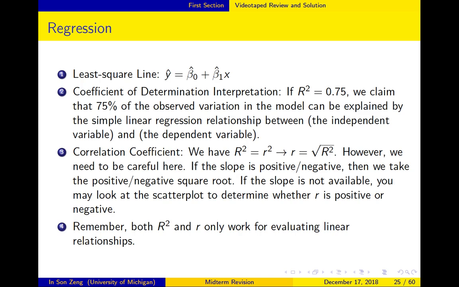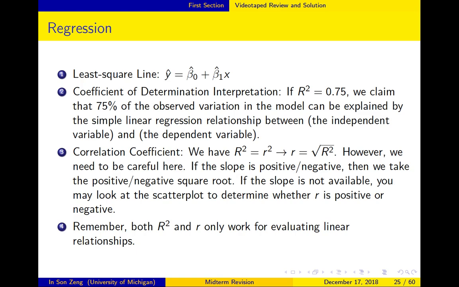The second thing is about R squared. We have capital R squared and small r squared. The capital R squared is called the coefficient of determination.